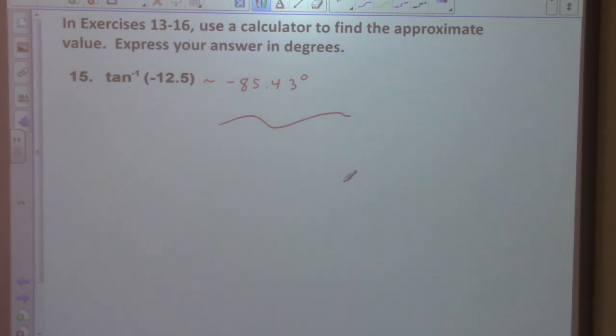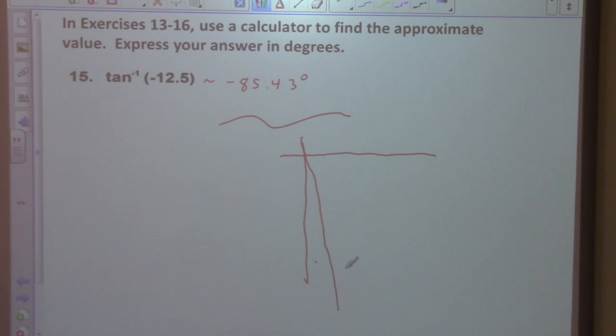I will show you here. The reason I'm going to show you is I want to get you to take advantage of different ways of thinking of things. What happens is that when you have a tangent, it's like rise over run. So it's like if you have a line with a slope of negative 12.5.